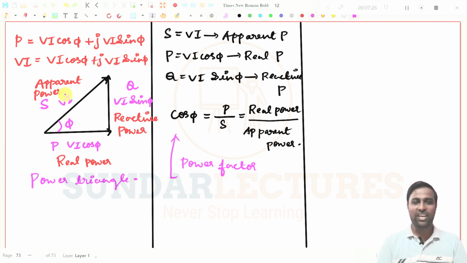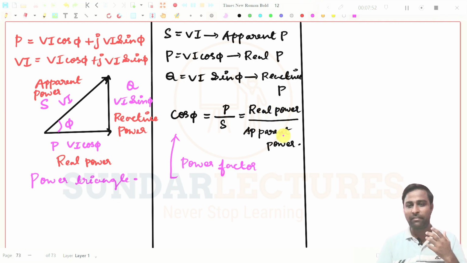VI is the total power that is given to the circuit. And what is the real power? That is the power utilized by the load. And what is the reactive power? That is the power not utilized by the load. So then what is phi? Cos phi, you see, is the real power upon the apparent power.